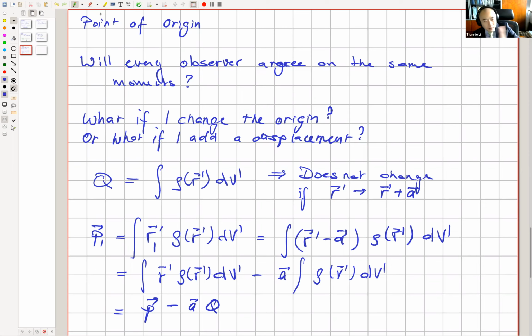If I offset it by a constant, then my dipole moment changes. So depending on where you are, my dipole moment is actually different.